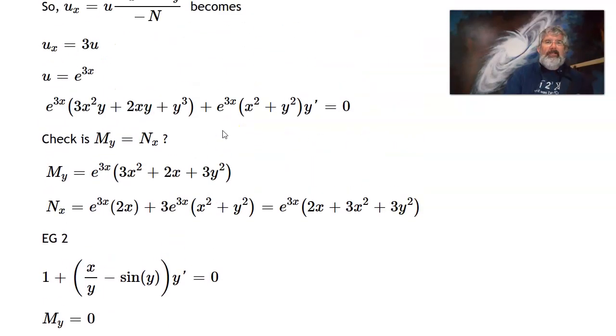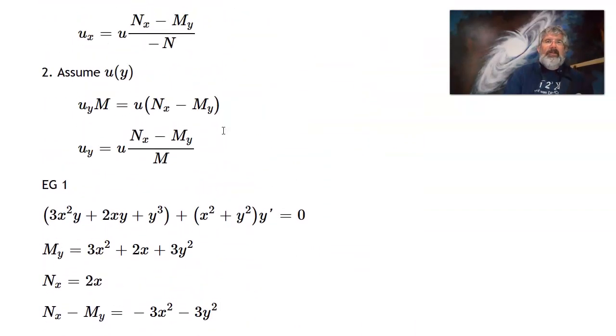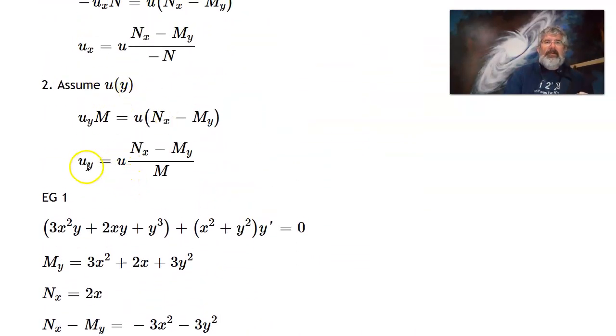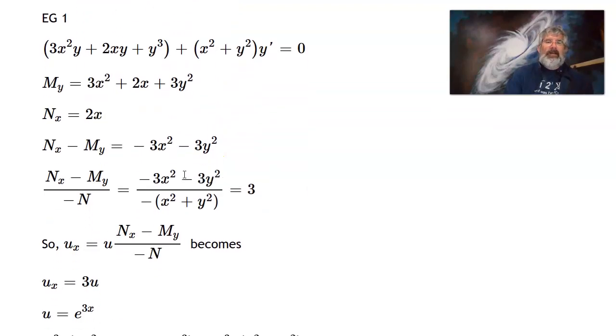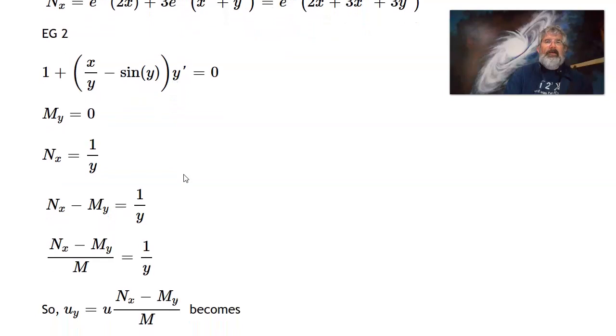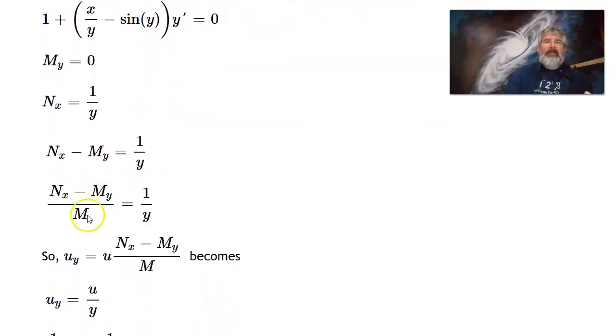So comparing that back up here to this assumption, the differential equation I was looking at is the partial of v with respect to y times u times this thing divided by M. All right, so this thing divided by M is just 1 over y, so this differential equation becomes this.